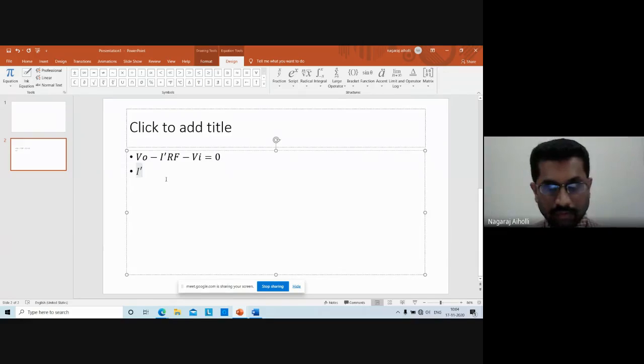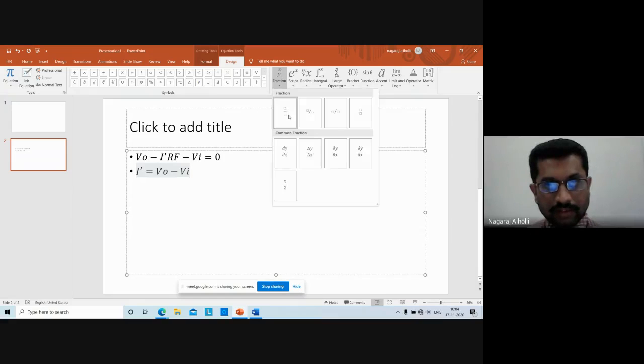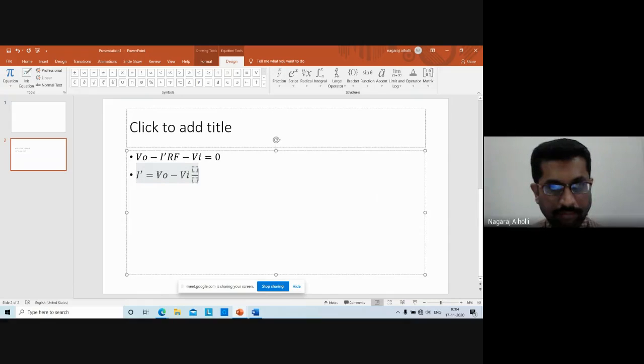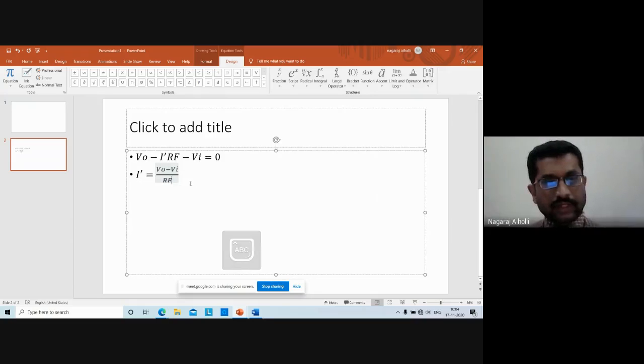Or I dash will be equal to V naught minus VI, divided by RF.